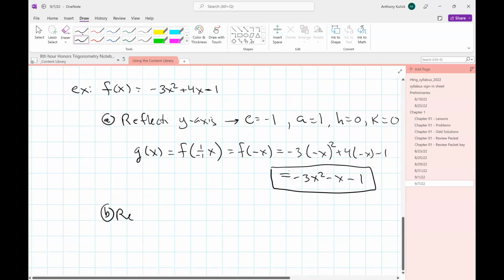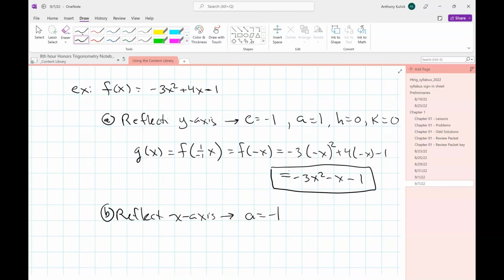What if we wanted to reflect on the x-axis? That would imply that A should be negative 1, C would be 1, and H and K would be zeros.